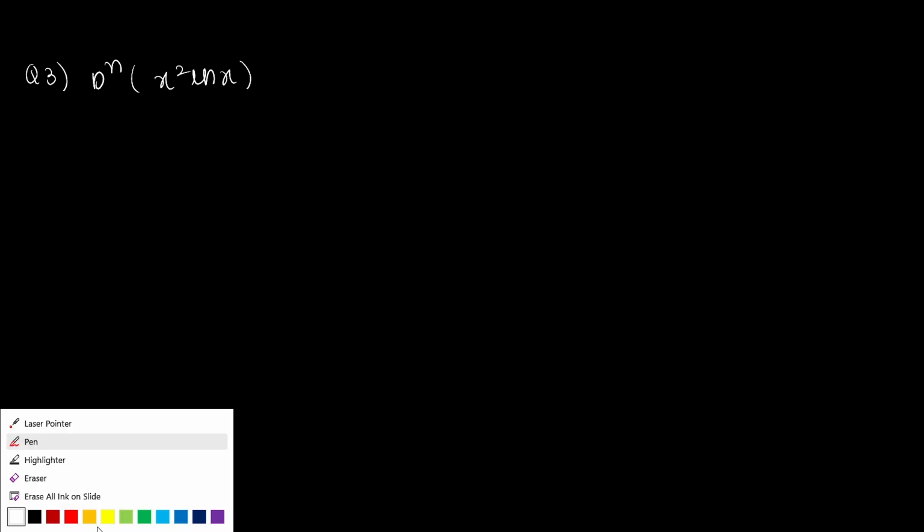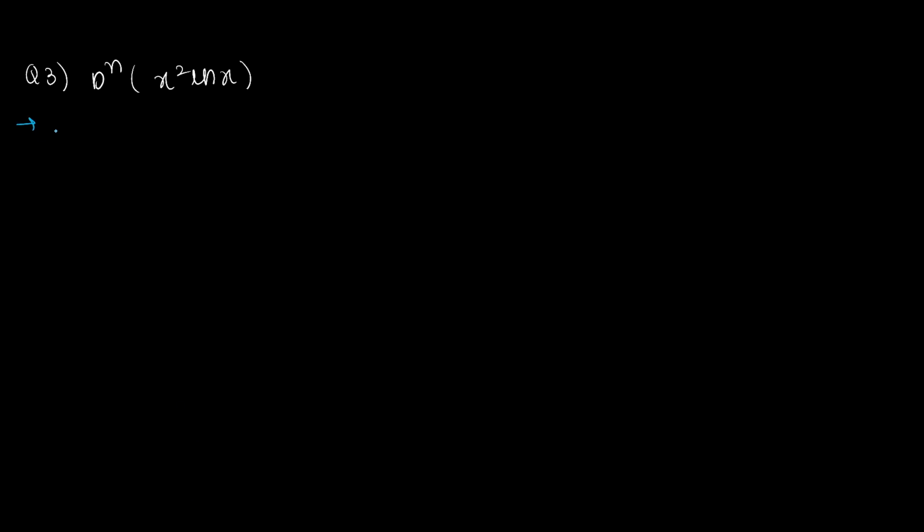Okay, using the same formula again for u vn, u is x square. Since dn for ln x, that is nth derivative for ln x, is equal to minus 1 power n minus 1 times n minus 1 factorial upon x power n.